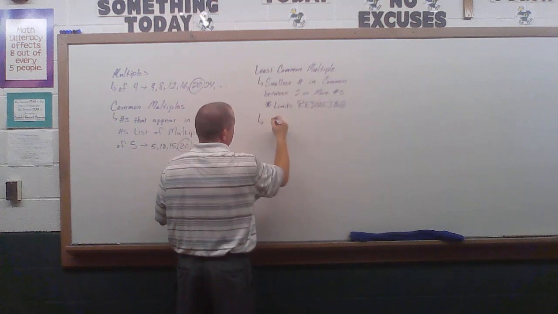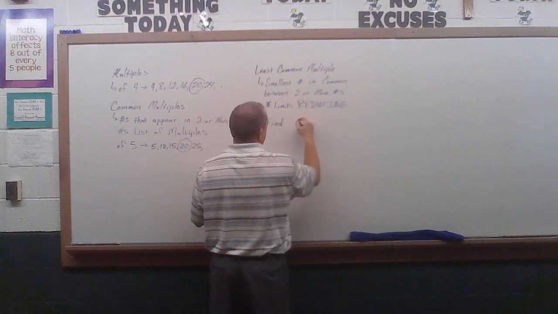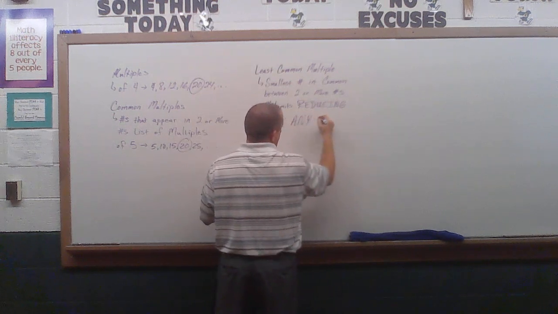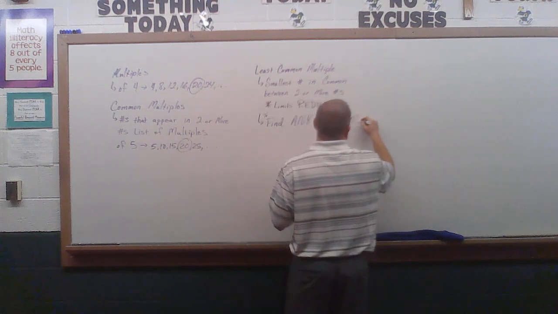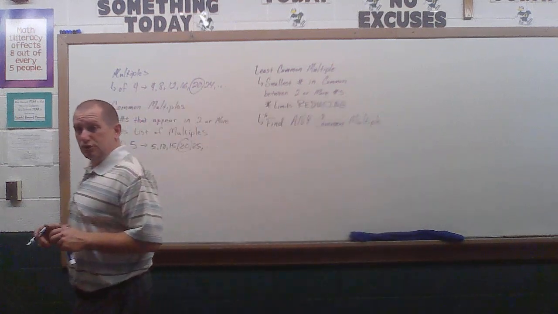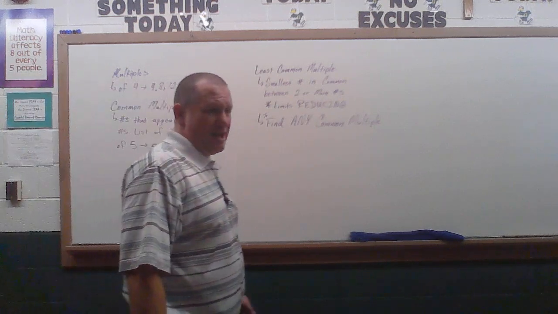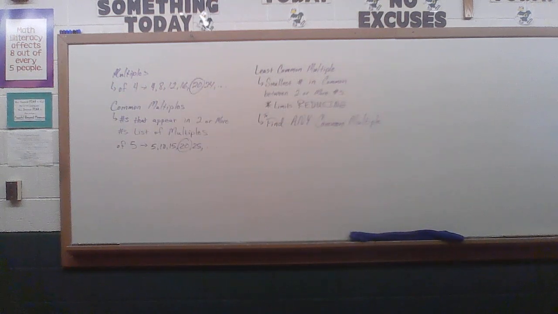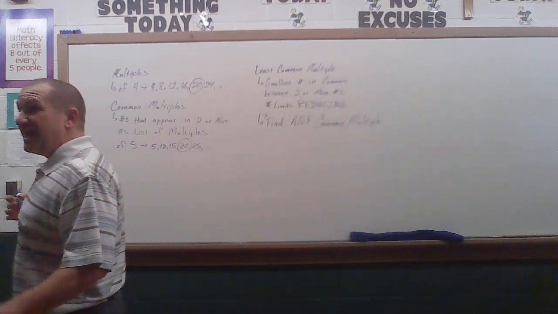But what's a way to find any common multiple? How do I find a common multiple between any two numbers? So, for instance, if I'm asked to find the common multiple, and I can't see the list of numbers in my head, what's the easiest way for me to find a common multiple?